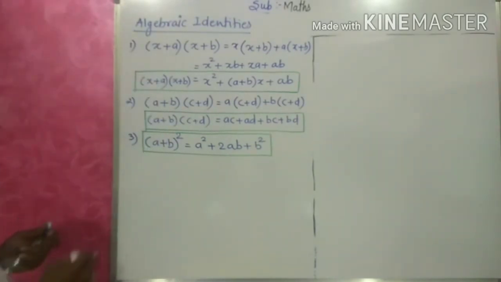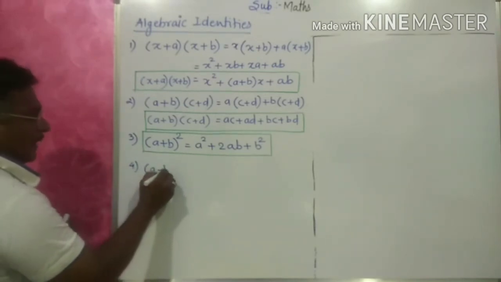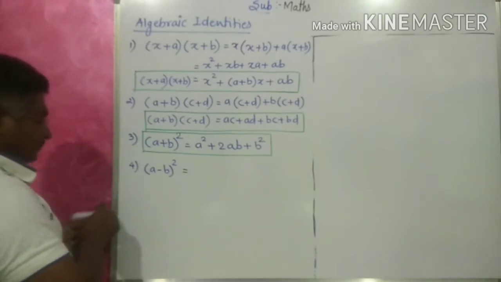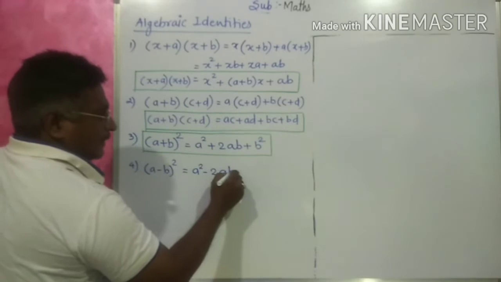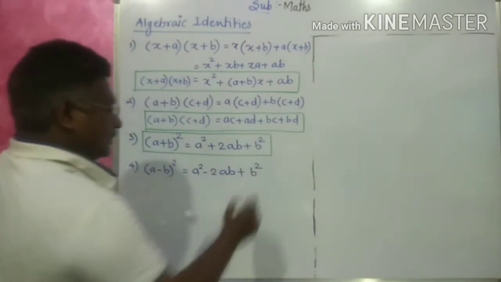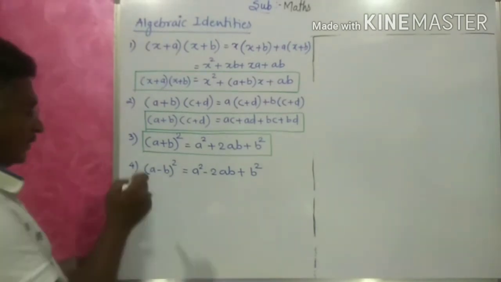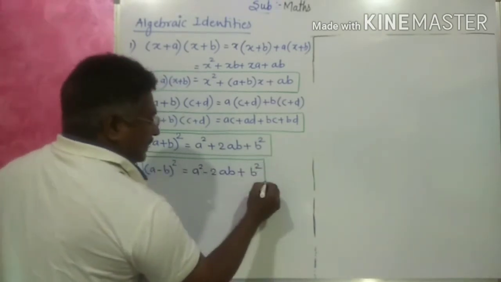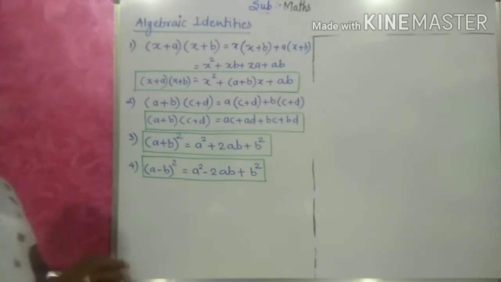Now the fourth identity is (a minus b) whole square, which equals a square minus 2ab plus b square. All these identities you already studied in the lower class, students. I am repeating them so as to remind you of these identities carefully.